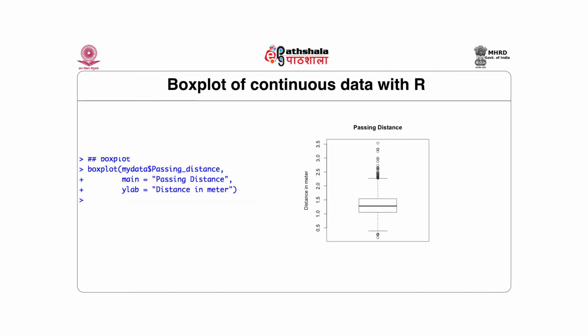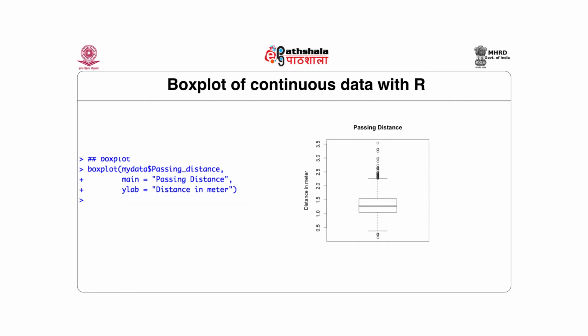It draws whiskers, and these whiskers are drawn at around 1.5 times the interquartile range from the median. Again, the whiskers are drawn taking the median and then 1.5 times the interquartile range. You can actually verify this from the figure itself.